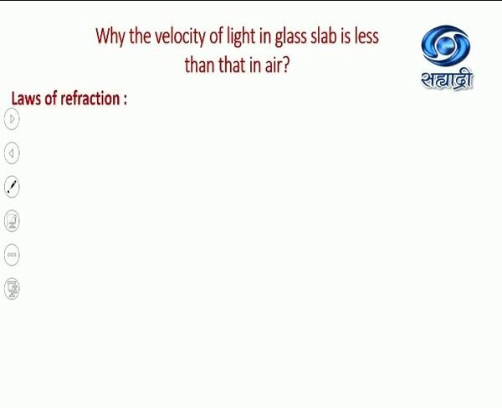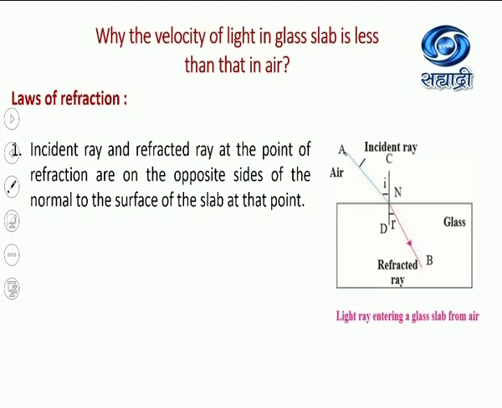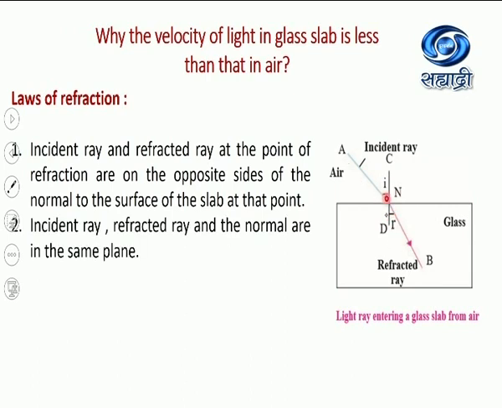Now let's see the laws of refraction. The incident ray and refracted ray at the point of refraction are on the opposite sides of the normal. The incident ray, refracted ray, and the normal lie in the same plane.